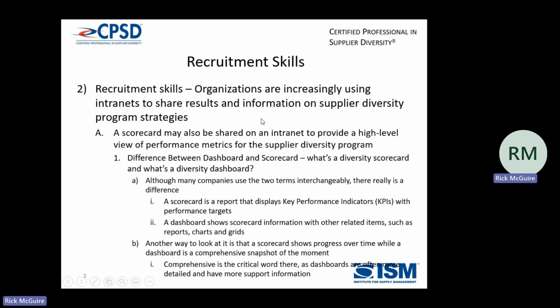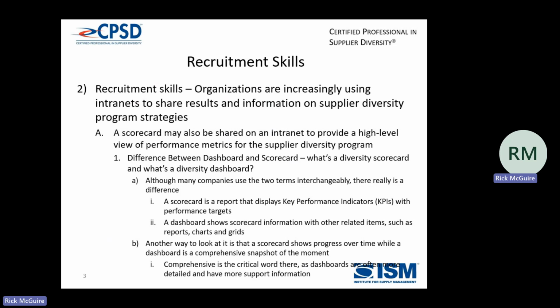Recruitment skills. Organizations are increasingly using intranets to share results and information on supplier diversity program strategies. A scorecard may also be shared on an intranet to provide a high-level view of performance metrics for the supplier diversity program. So, the difference between a dashboard and a scorecard.